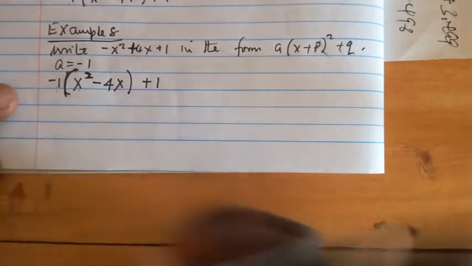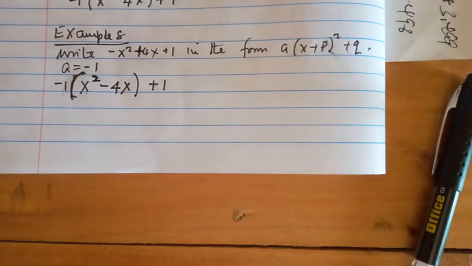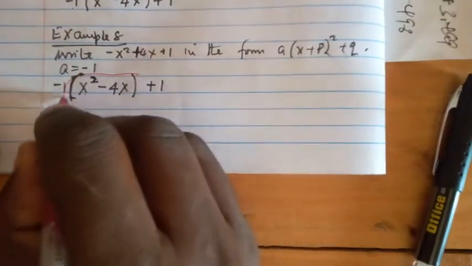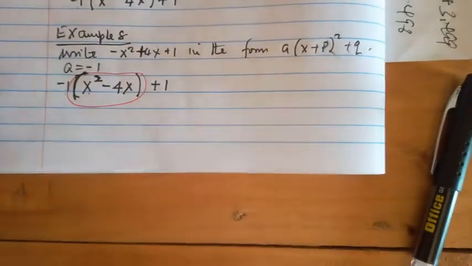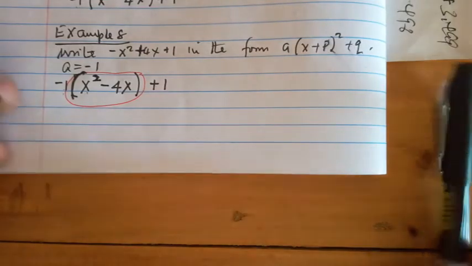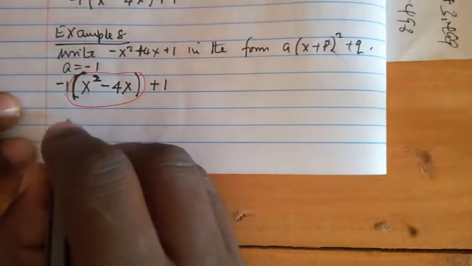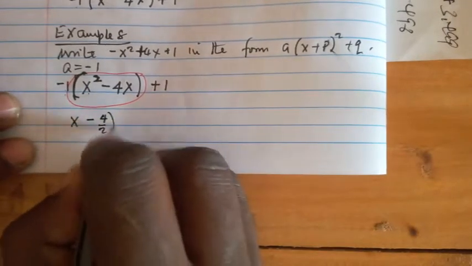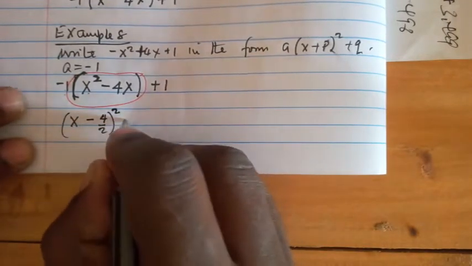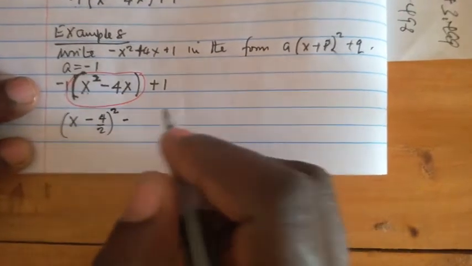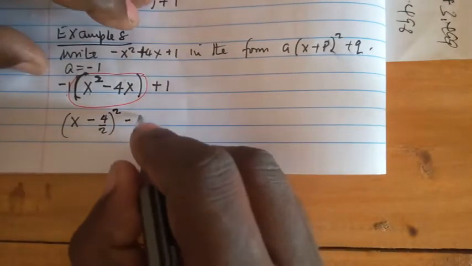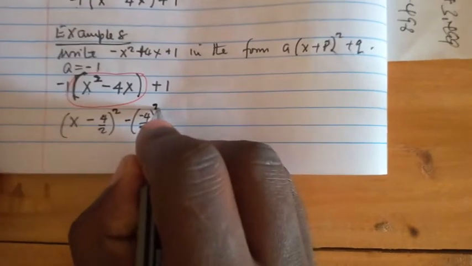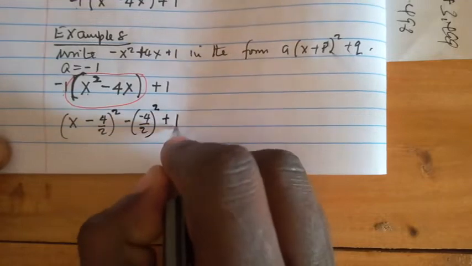So it is this part we will have to deal with in attempting to complete the square. And what does it become? x minus 4 over 2 squared minus 4 over 2 squared plus 1.